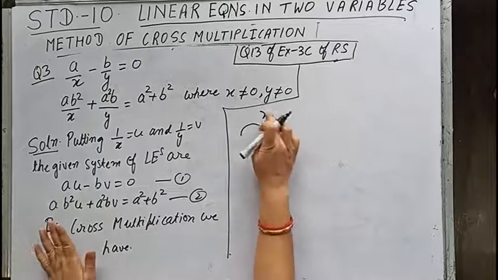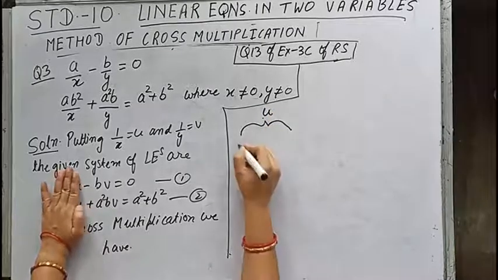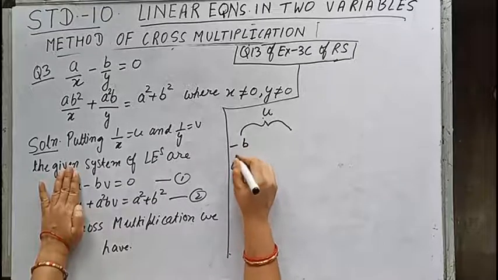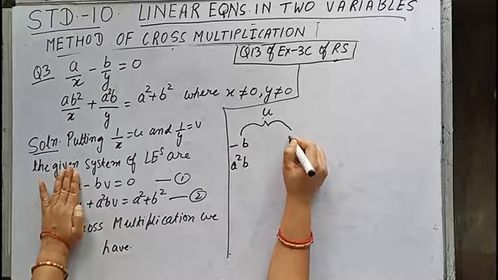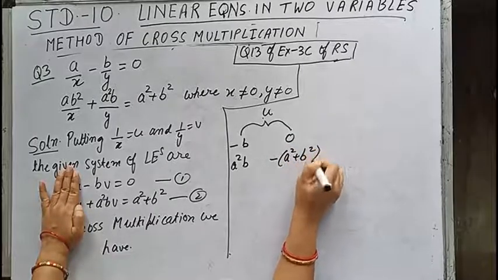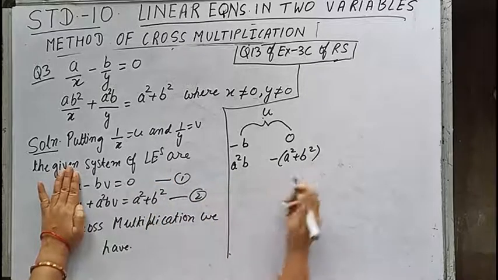Now below u, this we will be writing, so minus of b plus of a square b and 0 and minus of a square plus b square. This one is this side, the constant term, so we will be taking negative sign.